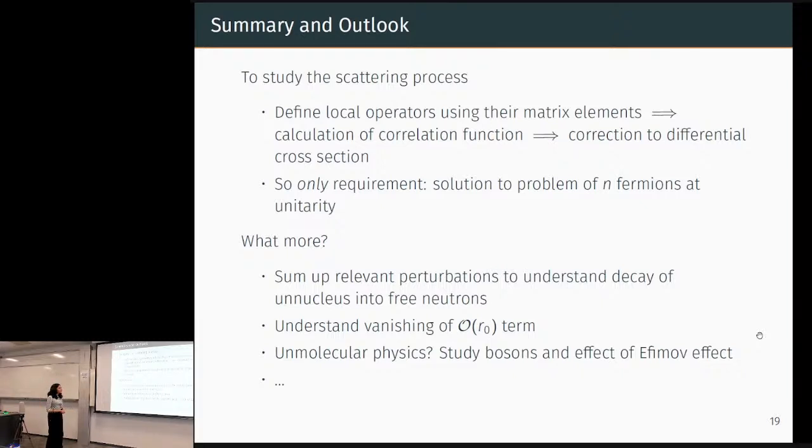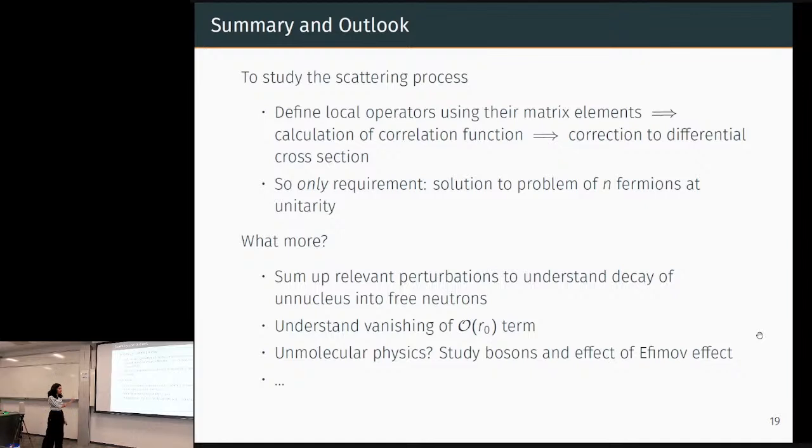So it seems the only requirement for predicting these values for any scattering process with n neutrons would be to solve the problem of n fermions at unitarity. But there are no analytical solutions for more than 3 neutrons, which is why we have a very nice expression for 3 neutrons, but beyond that we don't have any control. It would be nice to either go to the large n limit and do something, or find a better way of doing this whole thing.